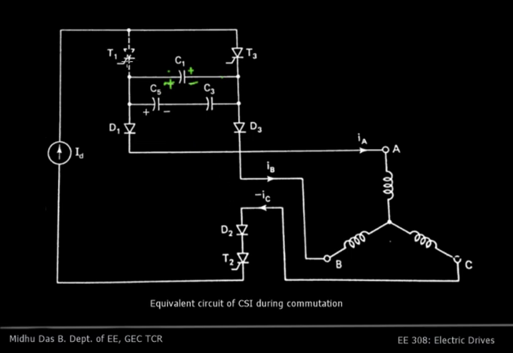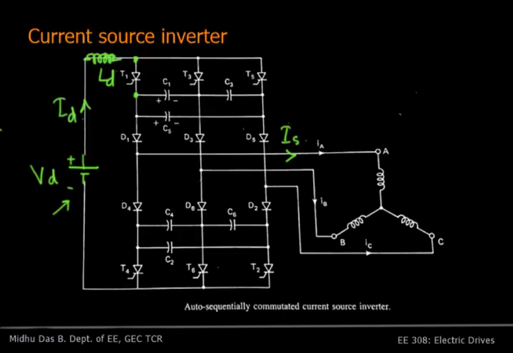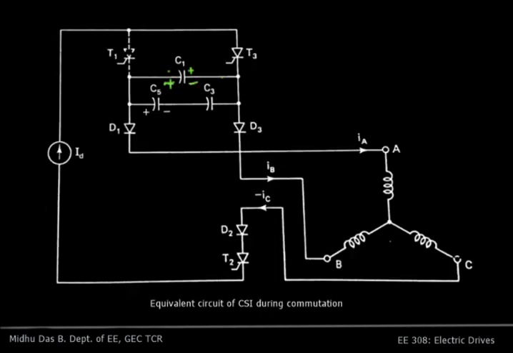So this is the equivalent circuit. This is what is happening for T1 and T3, and similarly the commutation of each thyristor can be easily analyzed if you consider the equivalent circuit for each. As T3 is turned off when T5 is turned on, you can analyze that also in a similar manner and explain it for yourself.